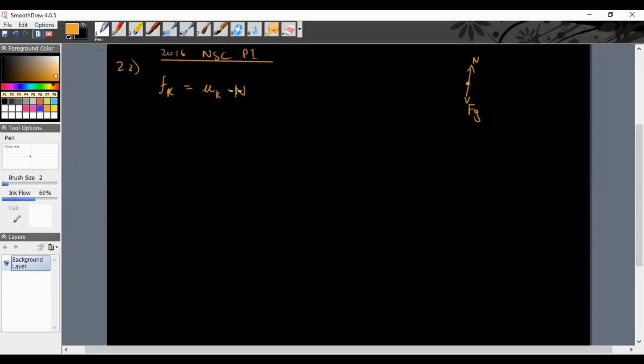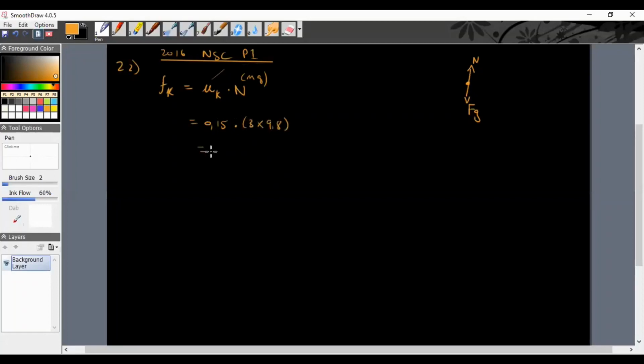So we know that the normal force is also equal to the gravitational force because it's just in the opposite direction. I want this value. They gave me this value, and I can obviously convert that into mass times gravity. So I've got 0.15, I think, multiplied by 3 times 9.8.